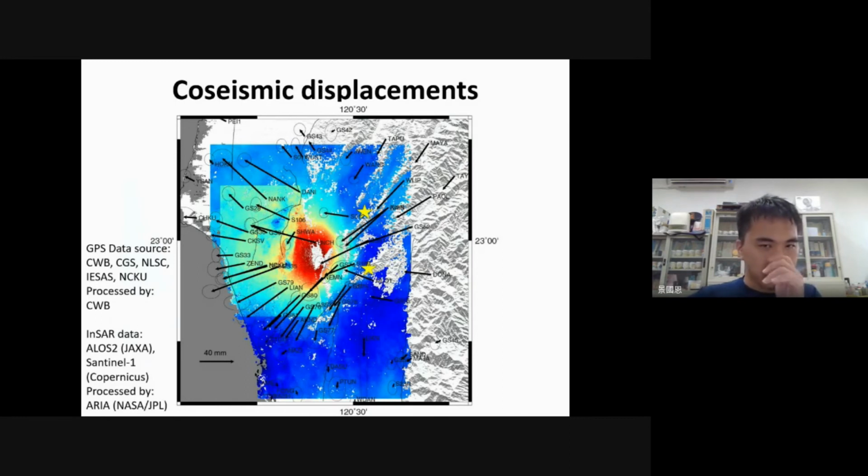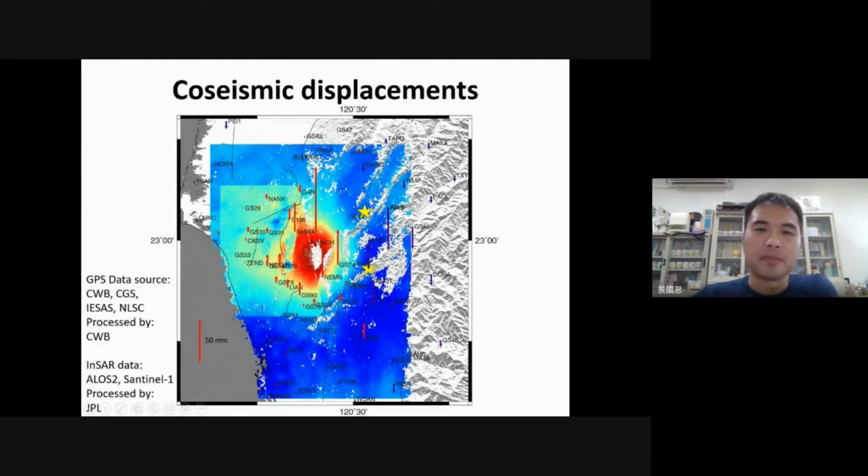So here we usually like to do some comparison. In this case, we overlap the InSAR result and the horizontal displacement, and overlap the vertical displacement result and the InSAR result.